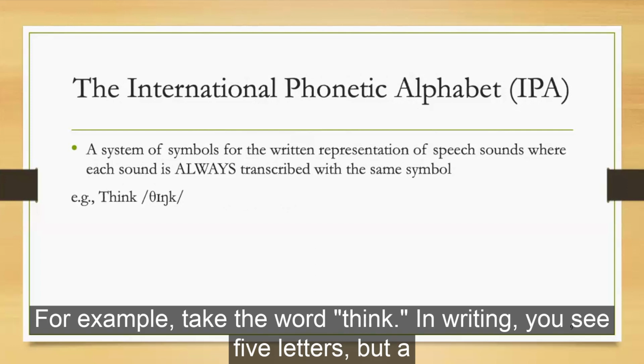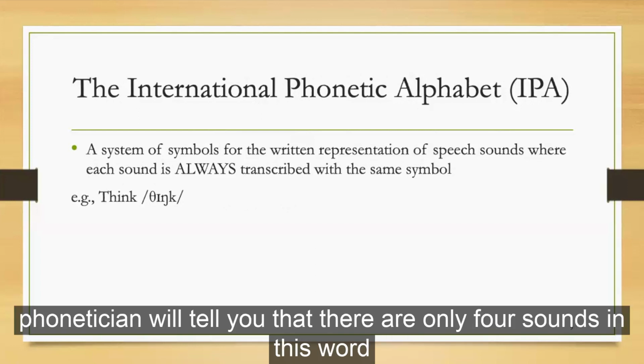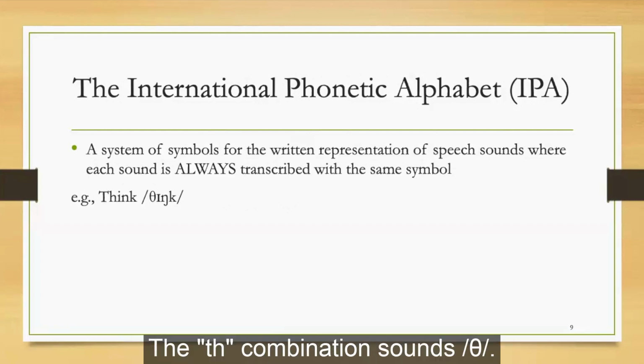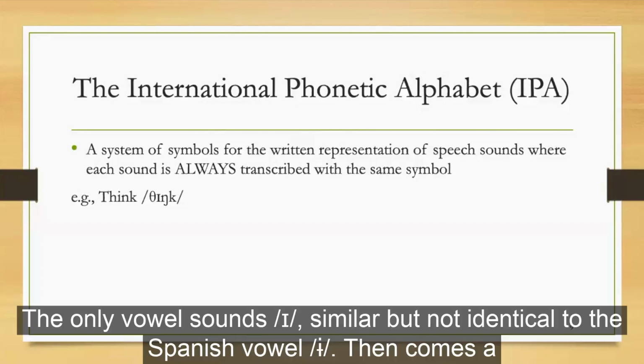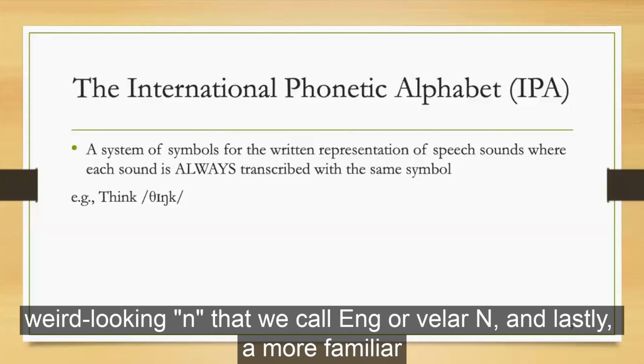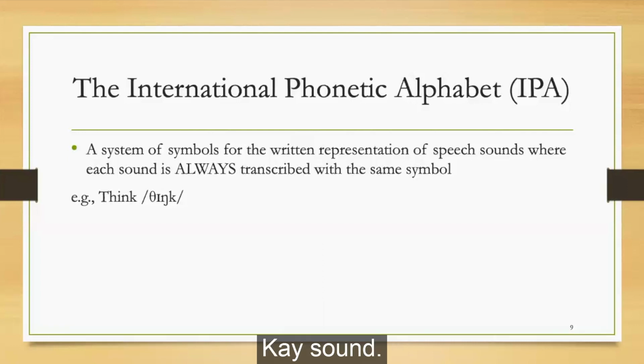In writing, you see 5 letters, but a phonetician will tell you that there are only 4 sounds in this word. The TH combination sounds like this. The only vowel sounds like I, similar but not identical to the Spanish vowel E. Then comes a weird looking N that we call eng or velar N. And lastly, a more familiar K sound.